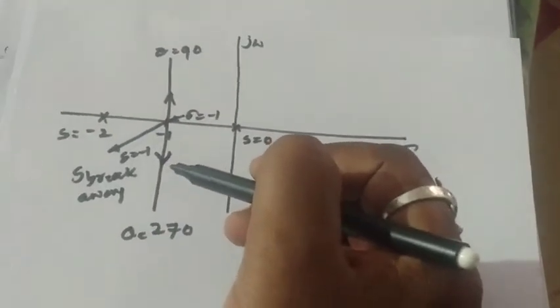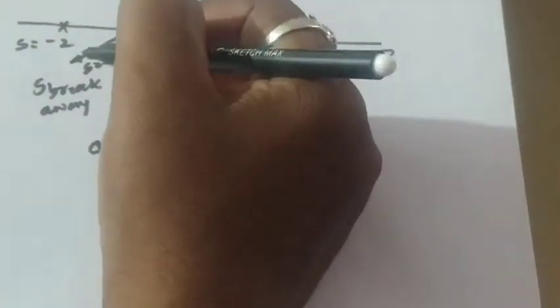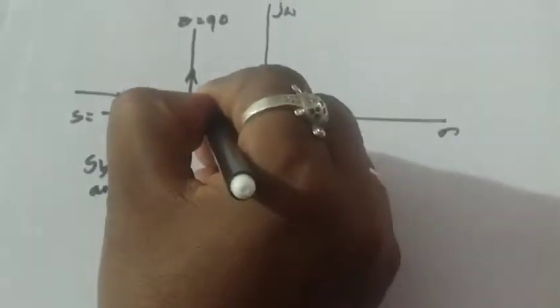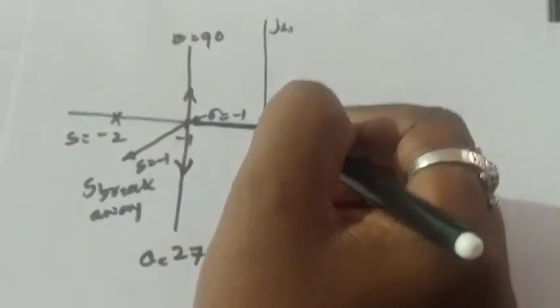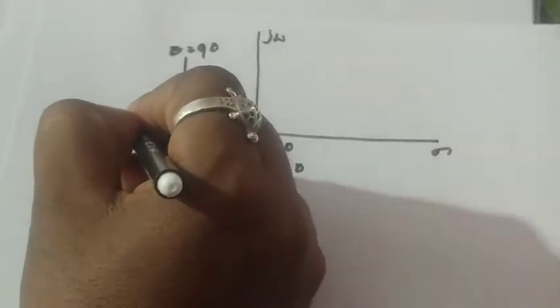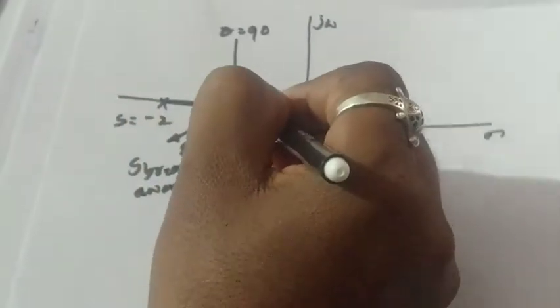So now at s is equal to 0, k is equal to 0. To draw, from one pole you can emit one line of the root locus, and from the second pole also you draw the line going outside to the meeting point, like this.